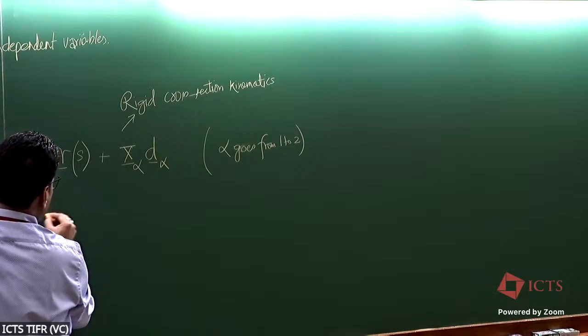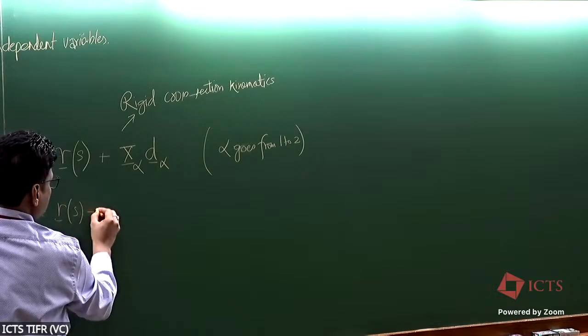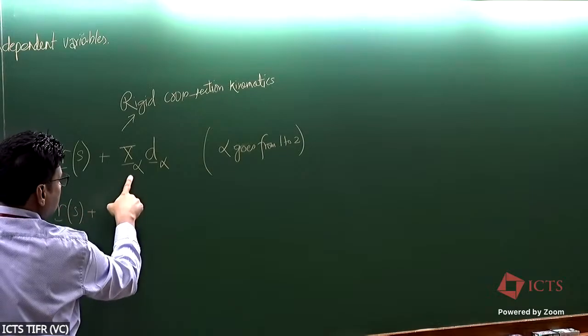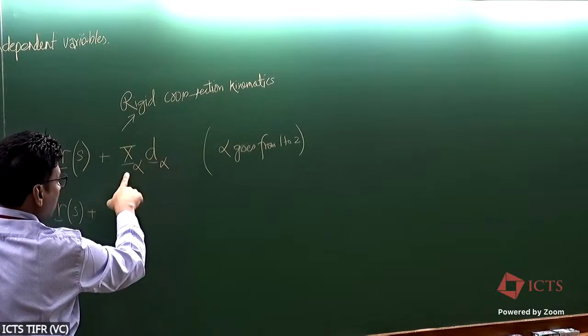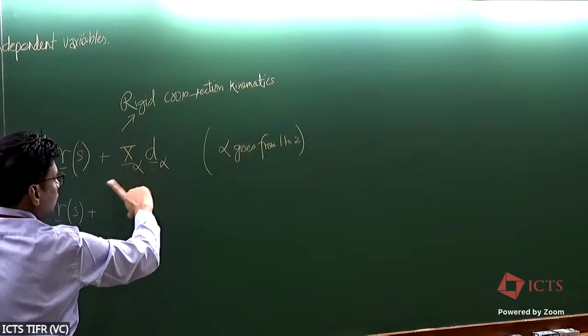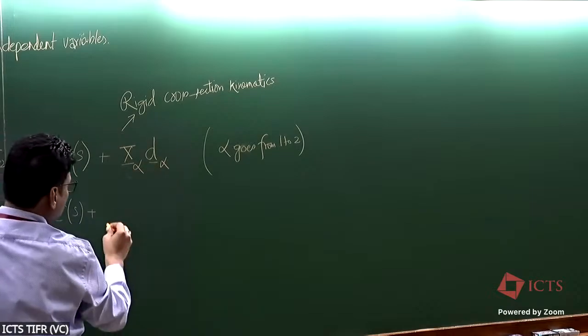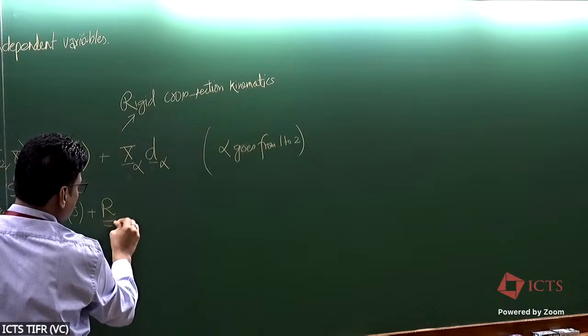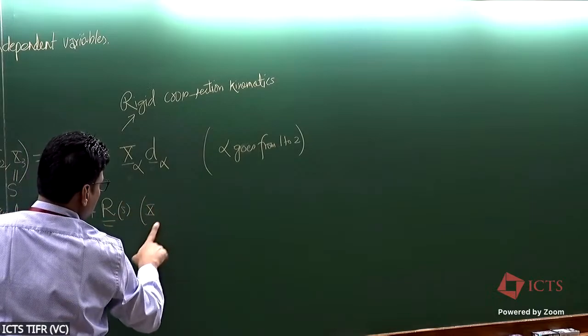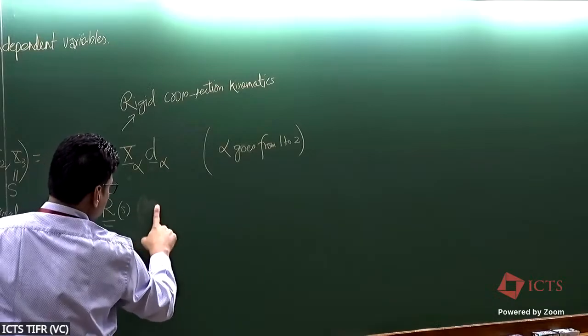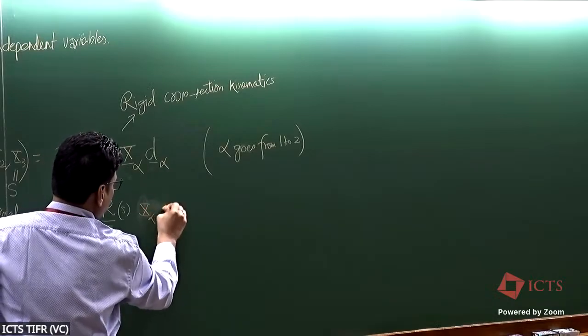Which you can also write as small r of s plus x alpha big R E alpha. Then your x alpha being a scalar, you can move it anywhere, and this becomes big R of s into x alpha E alpha.